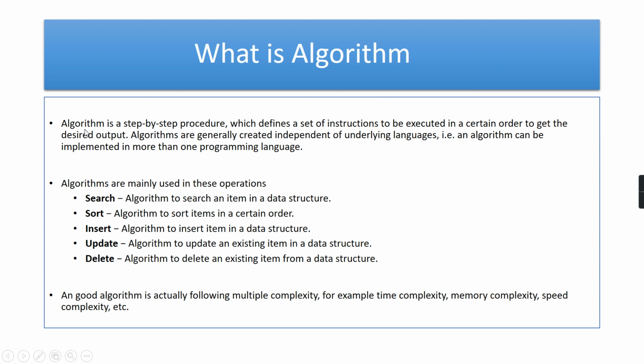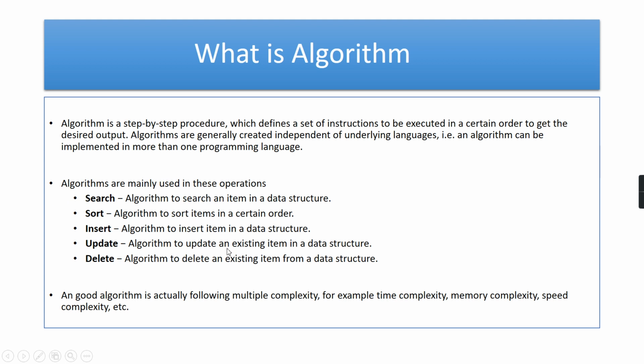Now, an algorithm is a step-by-step procedure which defines a set of instructions to be executed in a certain order to get the desired output. Algorithms are generally created independent of underlying languages. For example, an algorithm can be implemented in more than one programming language.